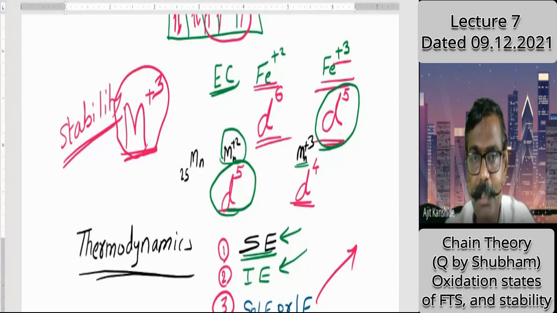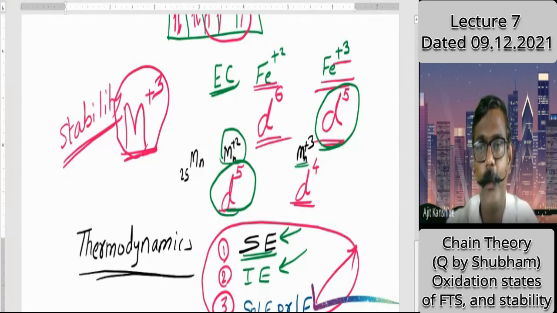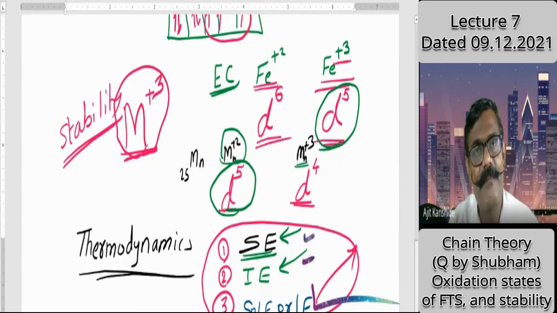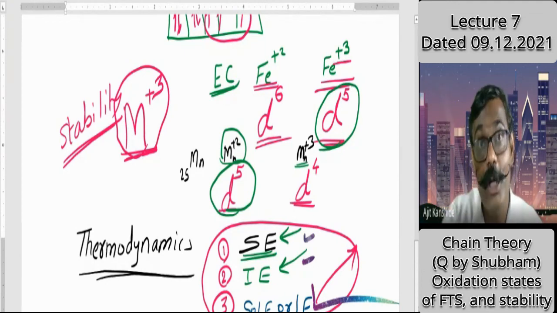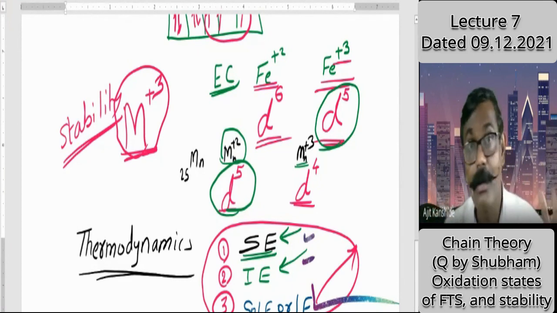Out of these 3 factors, there is only one factor where energy is coming out, and in the other 2 factors energy is absorbed. I said in ionic compounds last semester, it's a perfect business. Our molecules, atoms or ions are perfect businessmen. Always they remain in profit, and profit is in terms of energy loss. Low energy means they are stable. More energy within them, then they will be active, reactive.